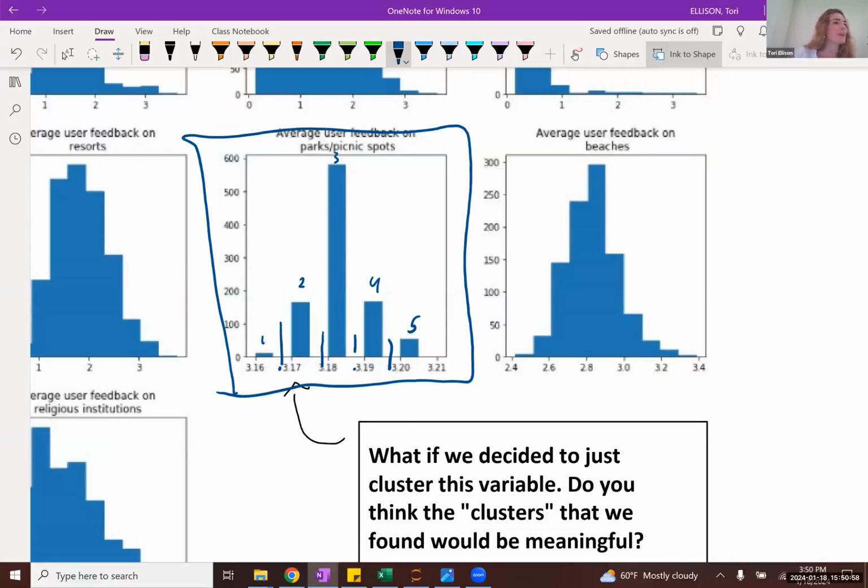They are already very obvious. Well, yeah. Clustering just a single variable, we technically don't need an algorithm to do it because we can see the gaps with our eyes. Something about the scale, the responses are so similar.